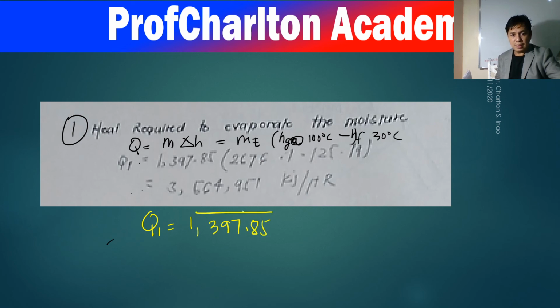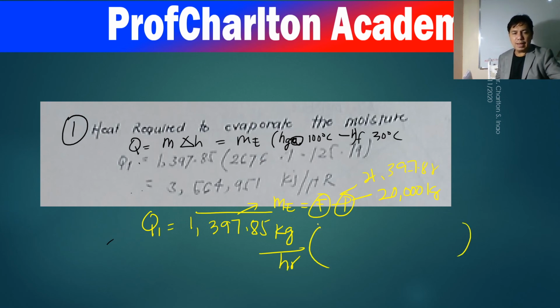Where do we get this? From the mass evaporated, which is F minus P: mass flow at the feed minus mass flow at the product. We know the feed is 20,000 kilogram per hour, and the product is 21,397.85, so we have a difference of 1,397.85 kilogram per hour. We have to multiply that by the enthalpies concerned.